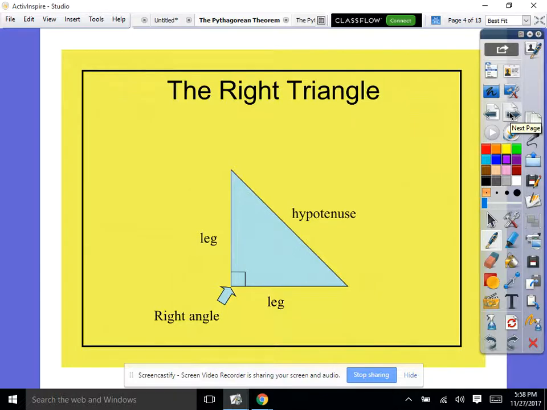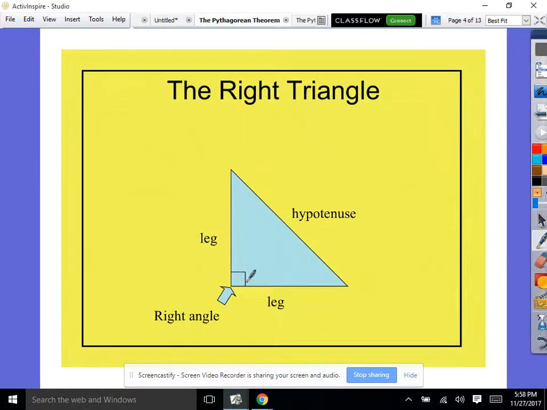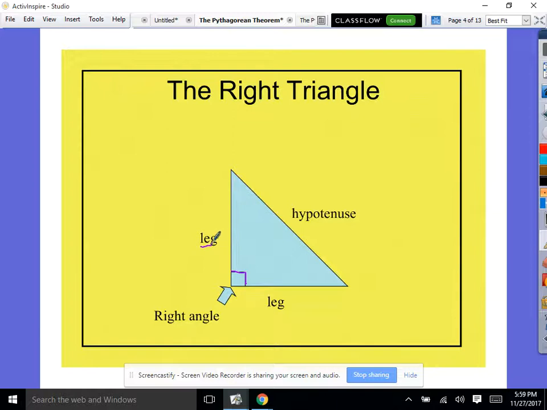The right triangle is made up of a right angle, as signified by this square in the corner. The right angle is formed by the legs of the triangle, and then the side directly opposite of the right angle is the hypotenuse, and that is your longest side.